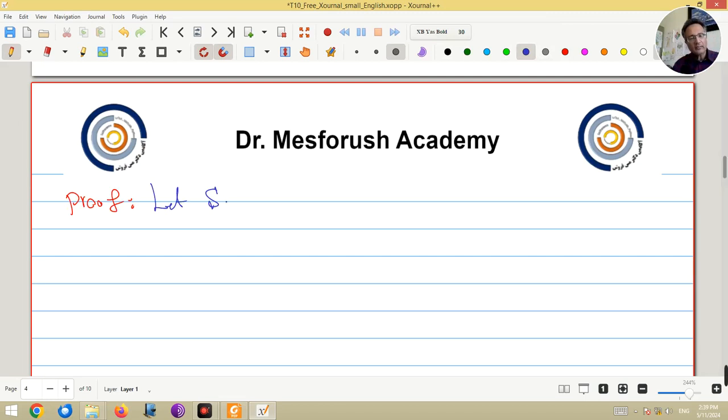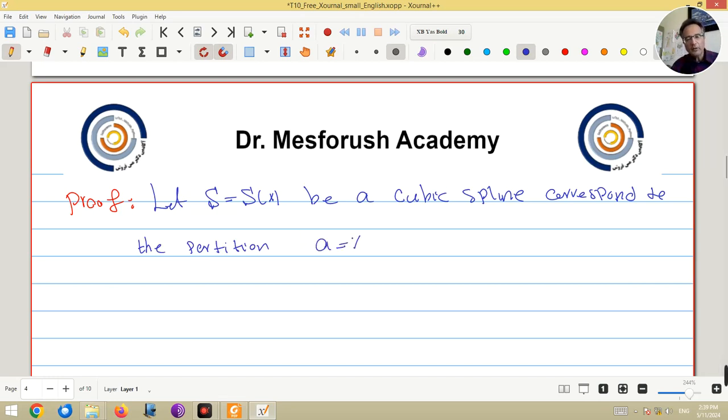Let S equal to S of x be a cubic spline corresponding to the partition a equal to x0 less than x1 less than x2 and so on to xn equal to b.